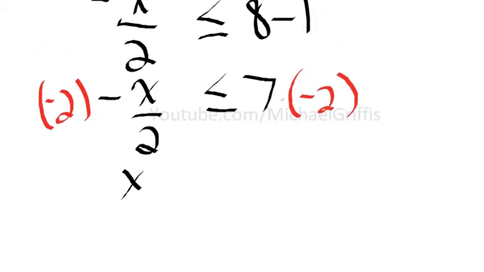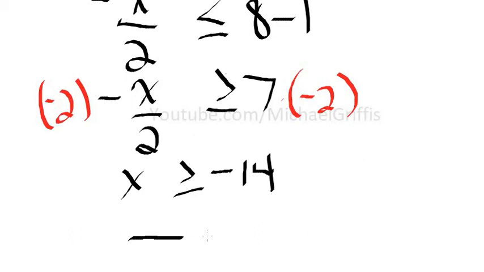Hey, that kind of rhymes. When you multiply through by a negative, we've got to flip the sign. So don't flip out on me. Now we're left with x is greater than or equal to negative 14.